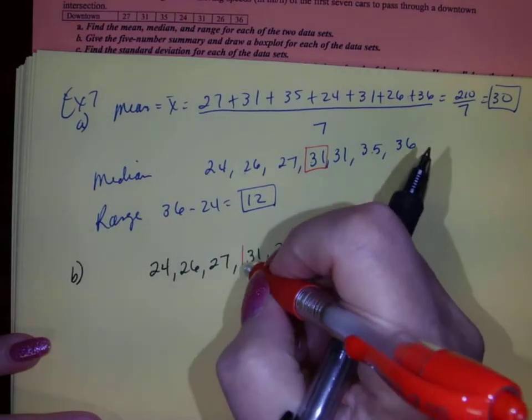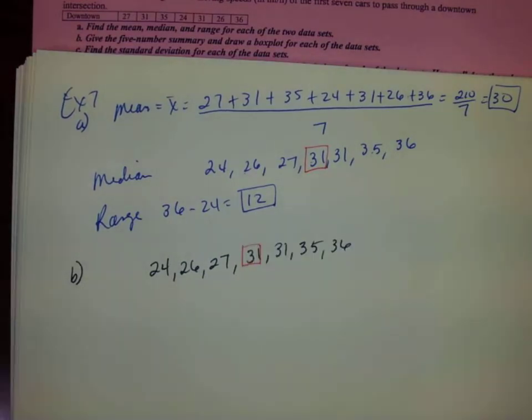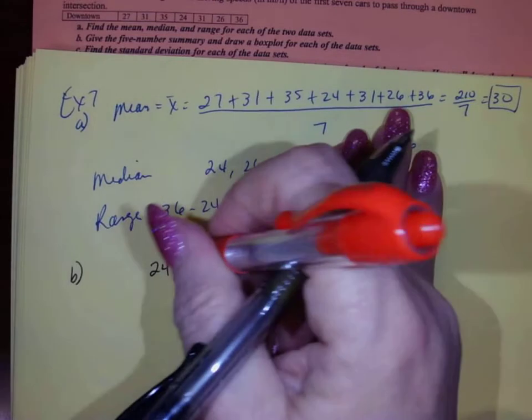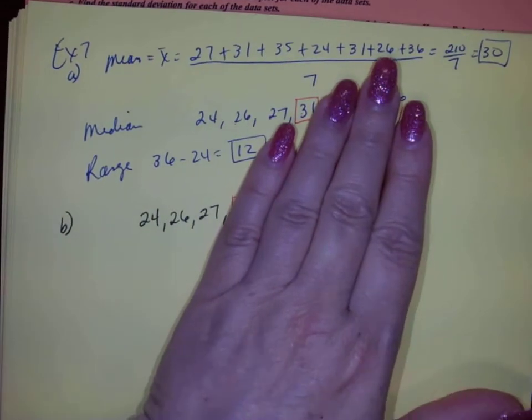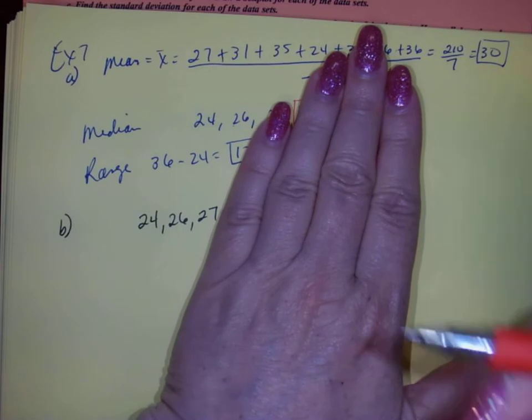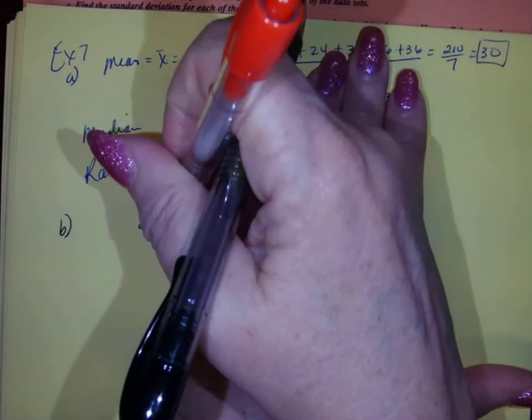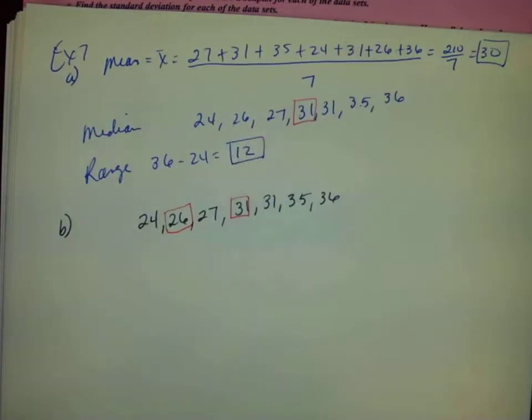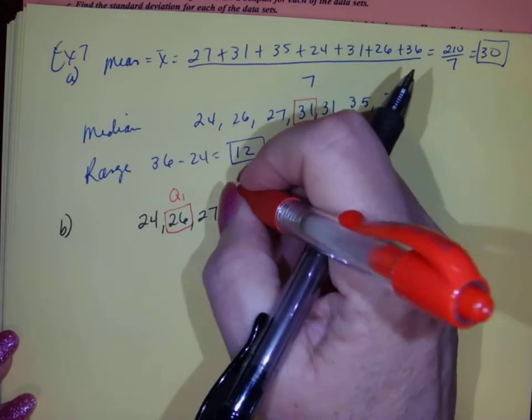So we already know that the median is 31. And then we got to find the median of the terms below. And I've told you before that if it's an odd set, we're not going to count that one when we find our median at the bottom. So again, we're looking for the middle number, which will be 26. And that's going to be our quartile 1.